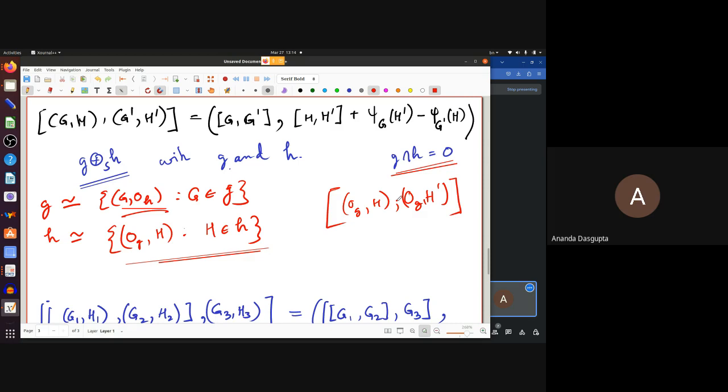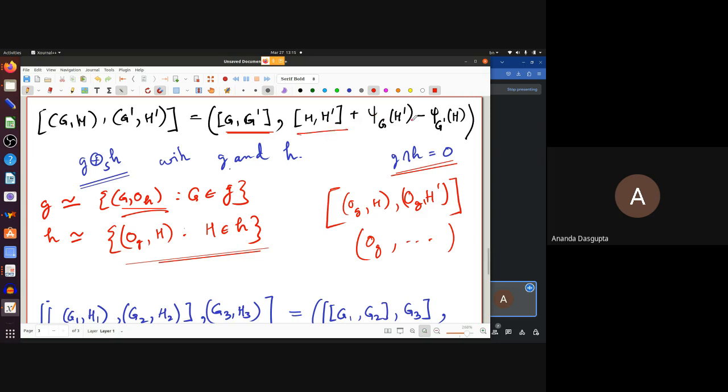Can you check that? Of course, according to this rule, this term is obvious. You're going to take the bracket of 0 with 0, no problem. So it's going to be an element like (0, something from h). That this thing is from h is obvious, right? It's from h, no matter what h' is.